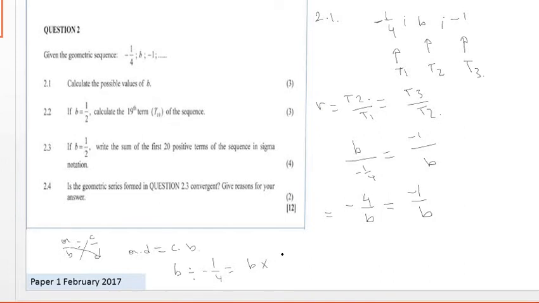In other words, we have negative 4 divided by 1, which is equal to negative 4b. So the whole thing is negative 4b, not negative 4 over b. So we have negative 4b.